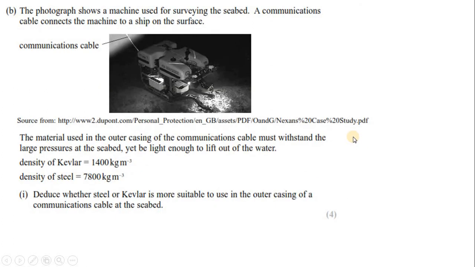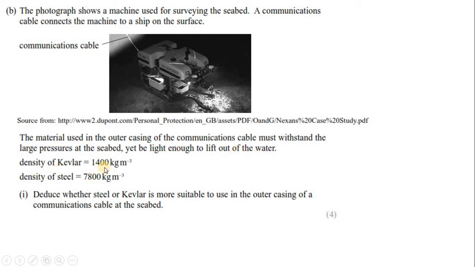The photograph shows a machine used for surveying the seabed. A communications cable connects the machine to a ship on the surface. This is the communication cable. The material used in the outer casing of the communication cable must withstand the large pressure at the seabed, yet be light enough to lift out of the water.